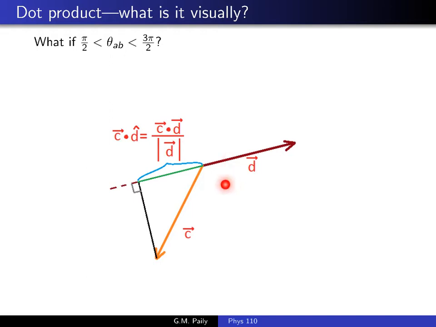The angle between the two vectors is this. And this is the cosine.